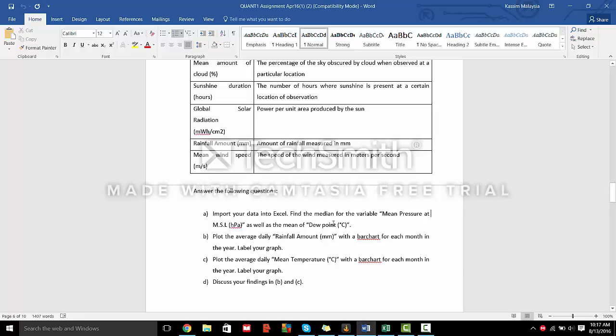Okay, so the first part of the first question is to find the median for the variable, mean pressure. So open up Excel.